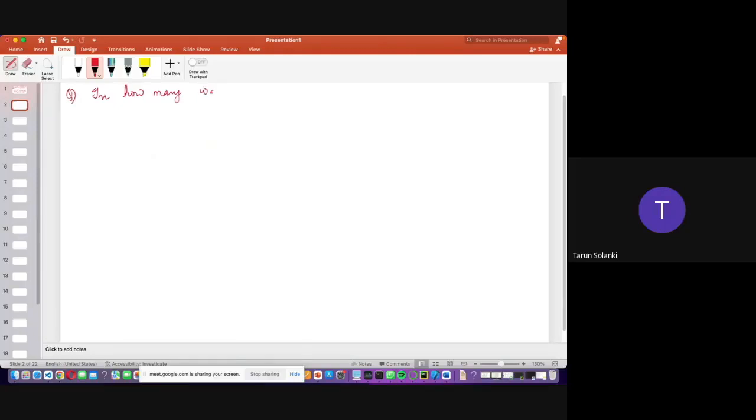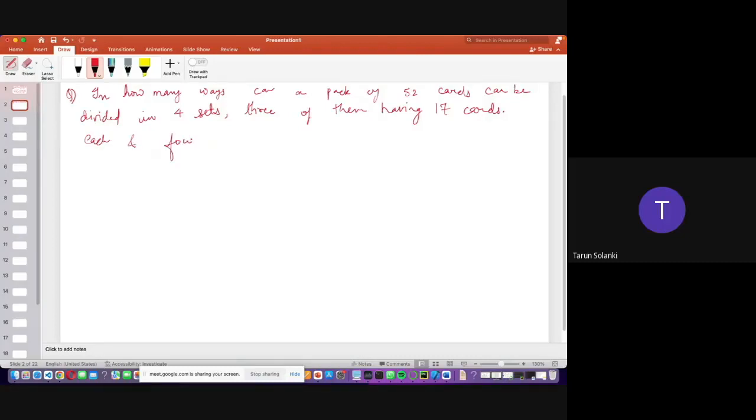In how many ways can a pack of 52 cards be divided into 4 sets, three of them having 17 cards each, and the fourth just one card.